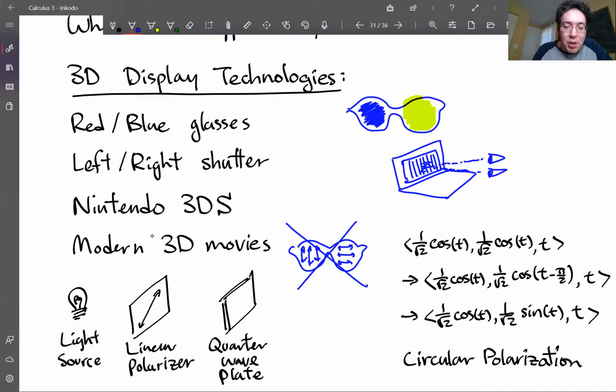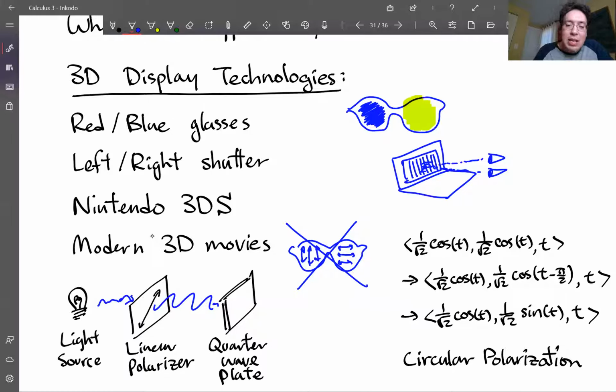Okay, so how does this work? There's a light source and some unpolarized light is coming through. And then there's a film of linear polarizer, so light coming through it has a particular orientation.